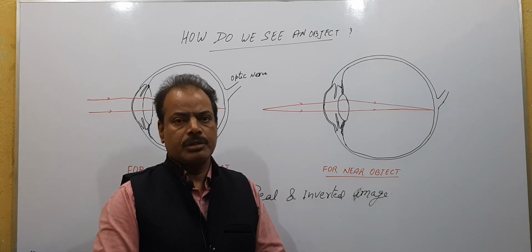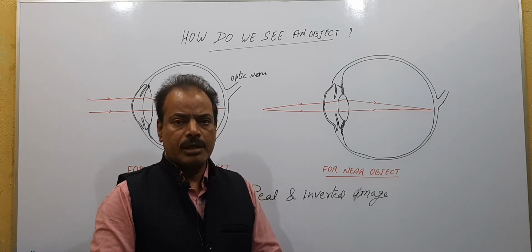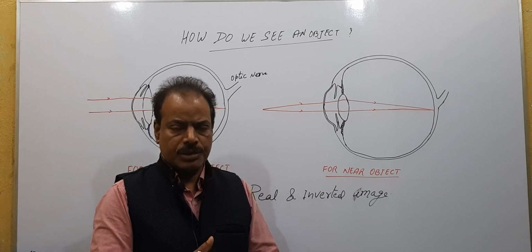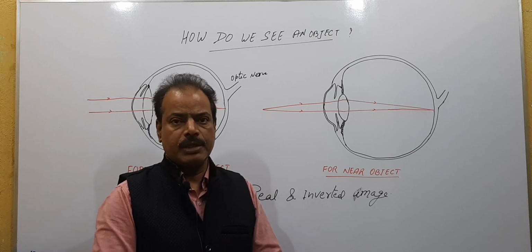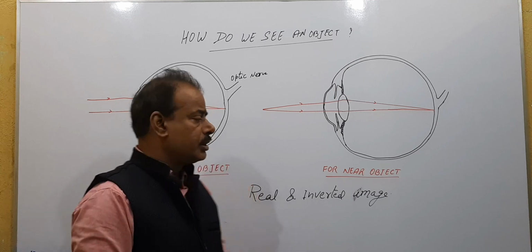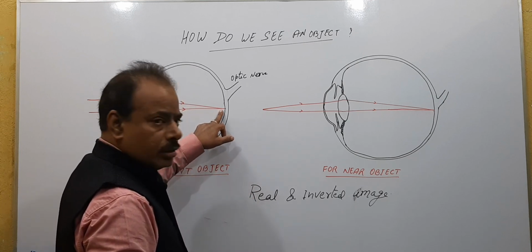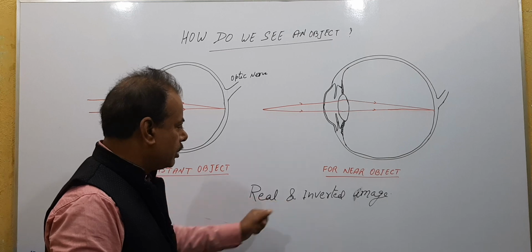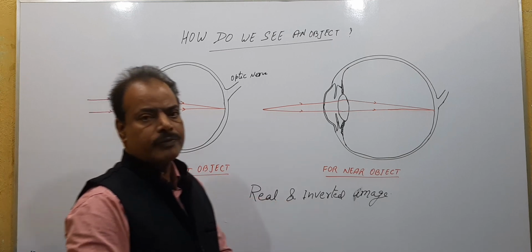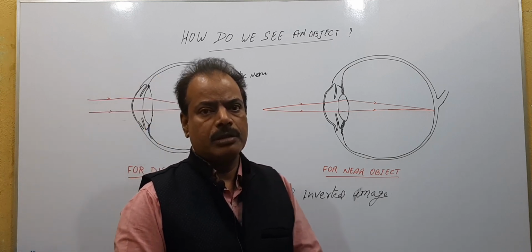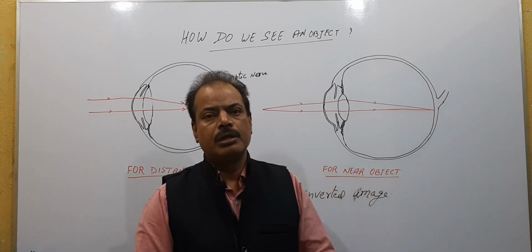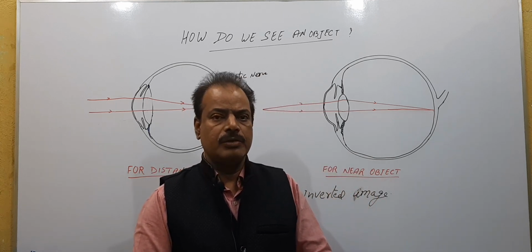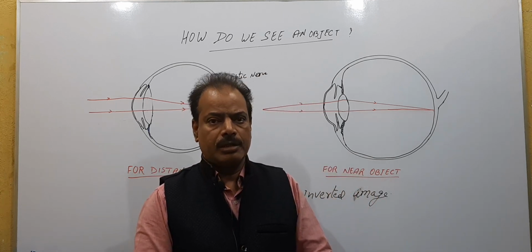Interpretation includes again inversion of the image, meaning the image formed at the retina is inverted and real, but we can see an upright image of an object, and it is caused when interpretation takes place in the brain.